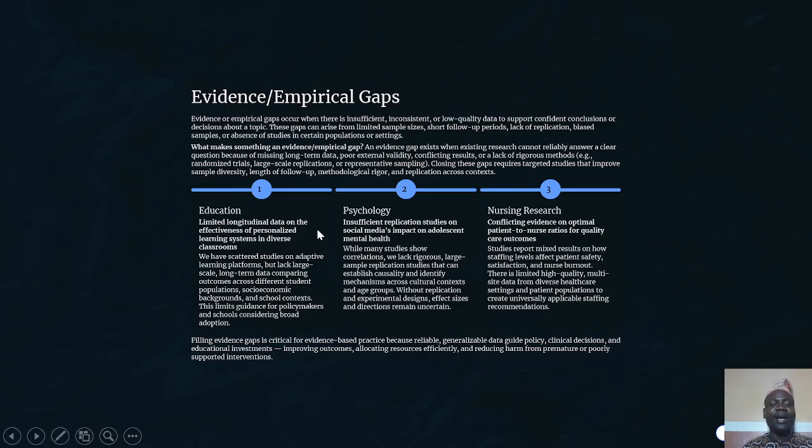For example, in an education research, we can have evidence gap on limited longitudinal data on the effectiveness of personalized learning.